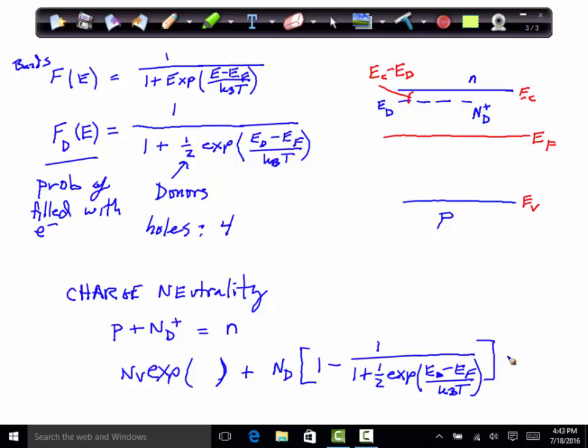and then all of that is going to equal Nc exponential of the argument, where this is a negative EC minus EF over kBT.